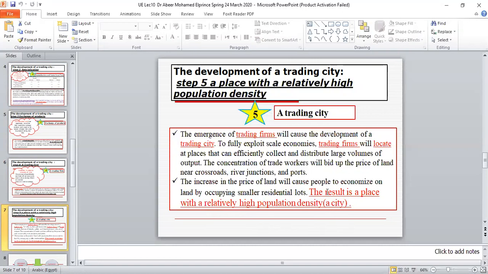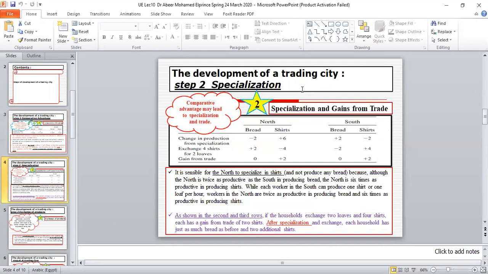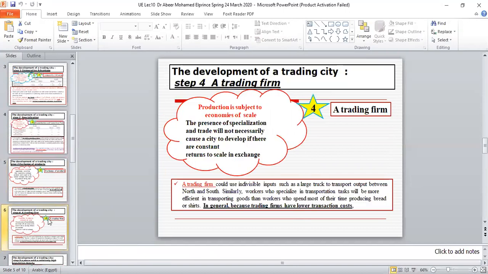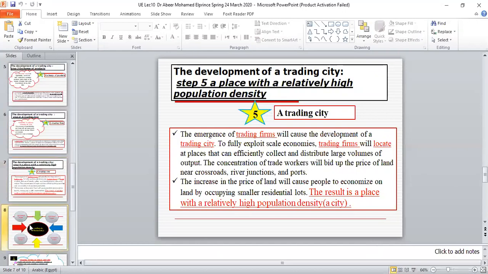So a trading city begins with a region which has comparative advantage, then specializes in production and exchanges the product depending on trading firms, and the concentration of trading firms will develop a trading city.